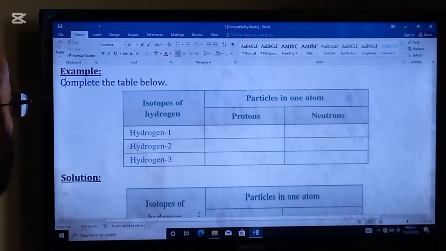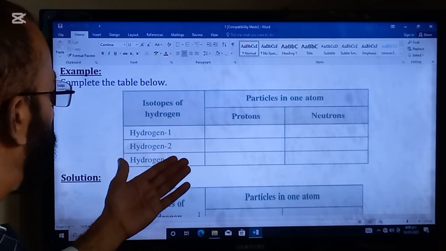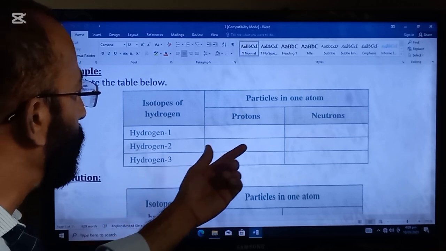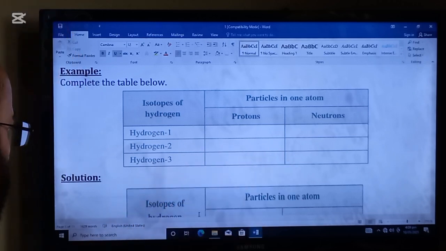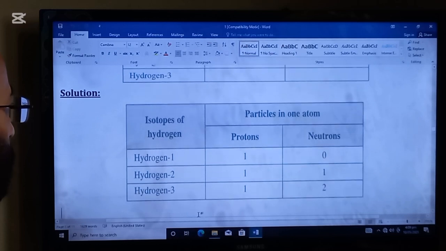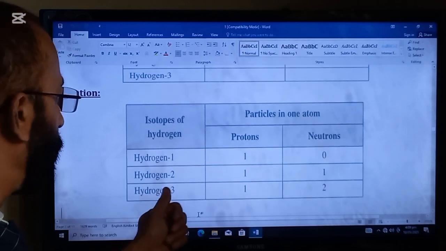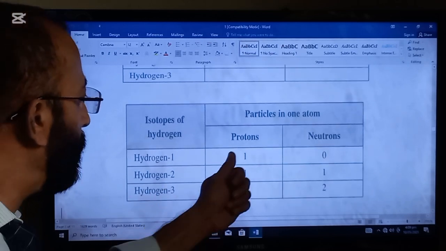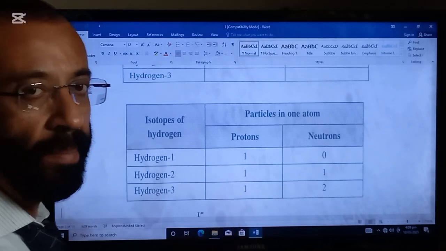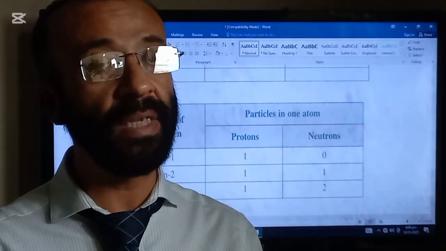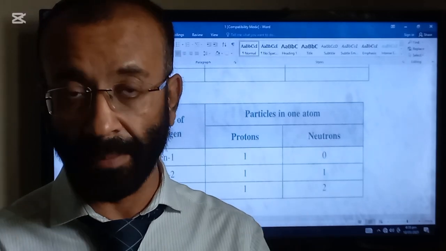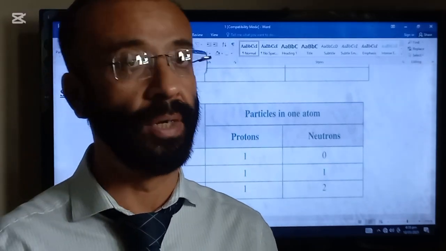Here is a question. Complete the table below. Hydrogen 1, hydrogen 2 and hydrogen 3. So the requirement is proton, neutron. In hydrogen 1, hydrogen 2 and hydrogen 3, the proton number is the same because isotopes have the same proton number but different nucleon number.